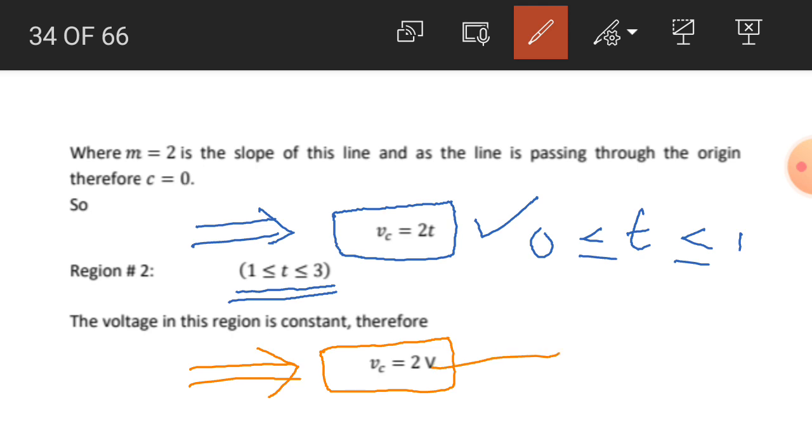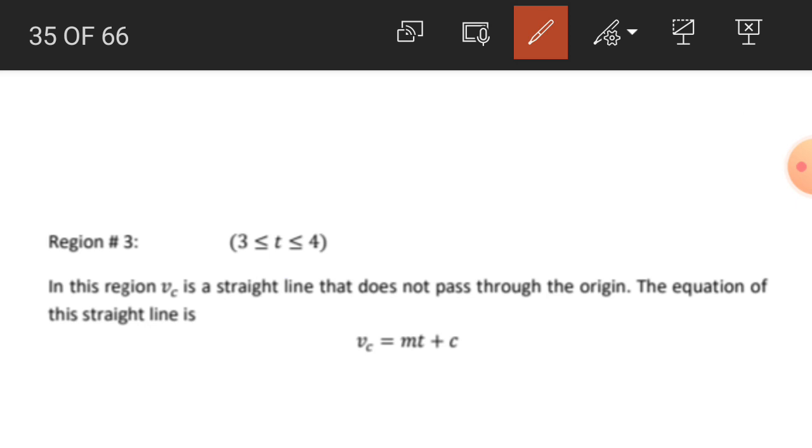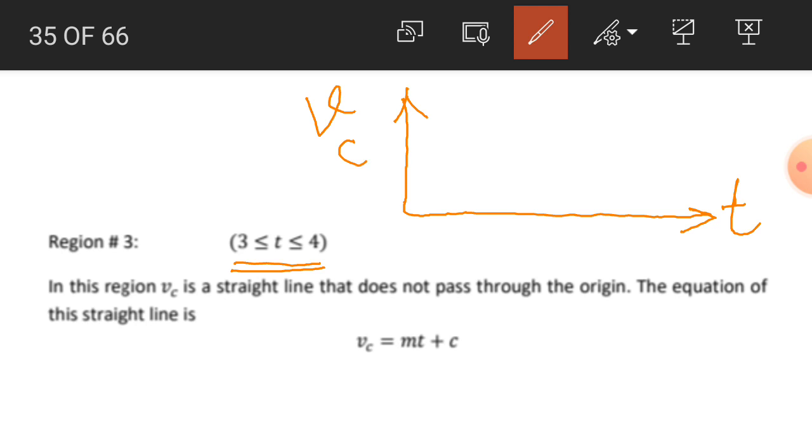Now we consider region number 3, where the time is changing from 3 to 4. And you see in region number 3, we have got time along the horizontal axis, voltage across the capacitor along vertical axis, and this is the relationship between the voltage and time in region number 3.